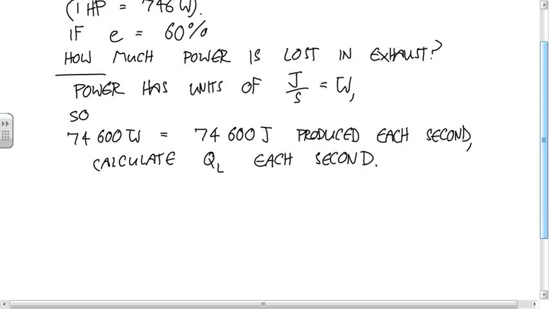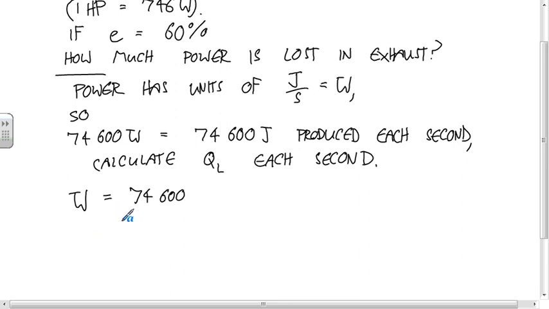Okay, so what do we know? We know that work is equal to 74,600.